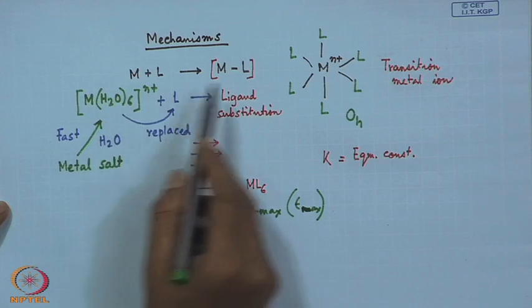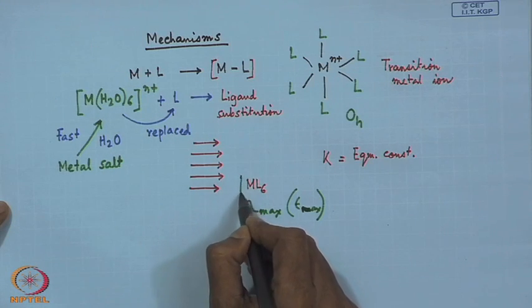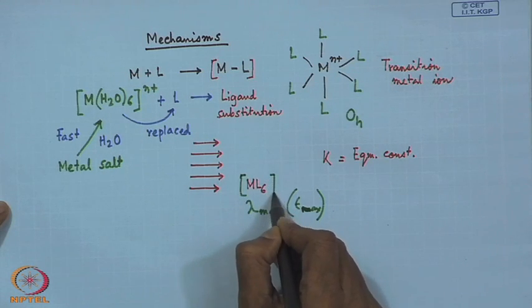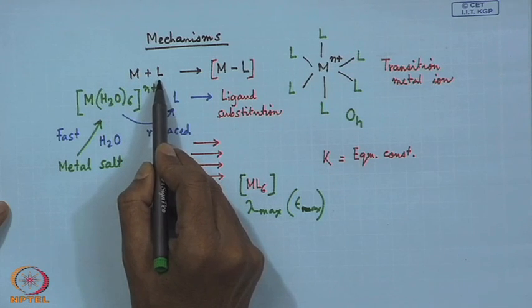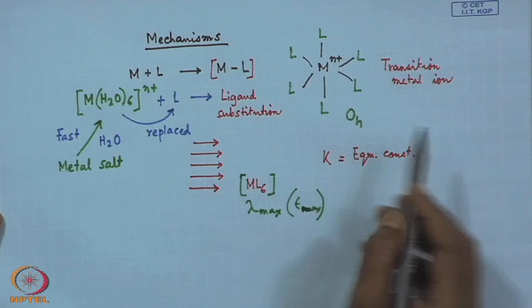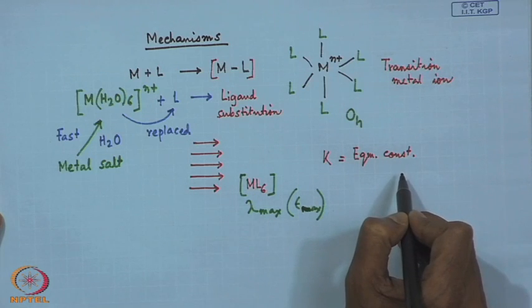So we can find the concentration of this ML6 species; the concentration of M is known, and the concentration of added L is also known to us. That gives rise to the equilibrium constant.